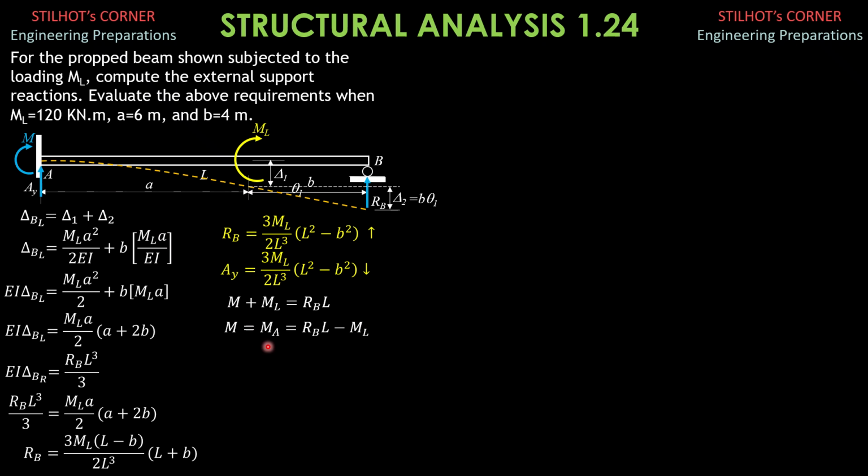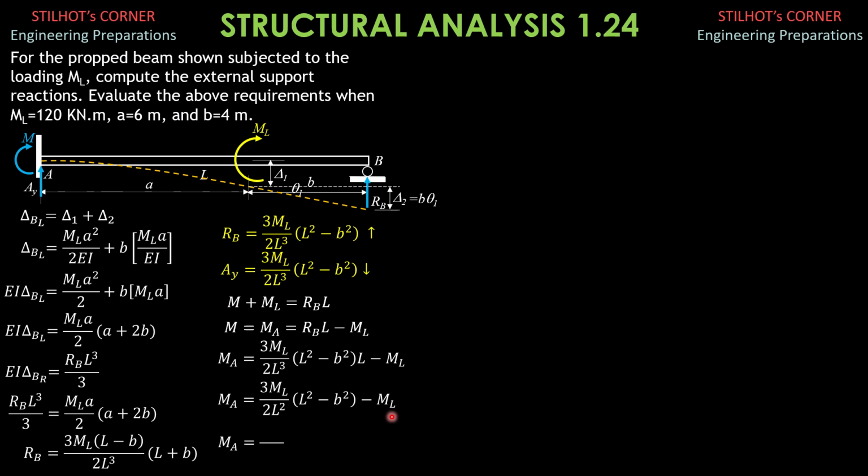M is also MA: RBL minus ML. Substitute the value of RB, which is 3 ML over 2L cubed quantity L squared minus B squared, times L, minus ML. So we cancel L here. So MA equals 3 ML over 2L squared quantity L squared minus B squared, then minus ML.